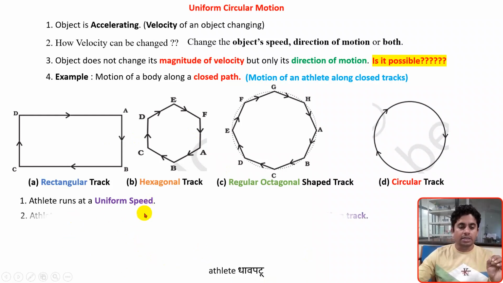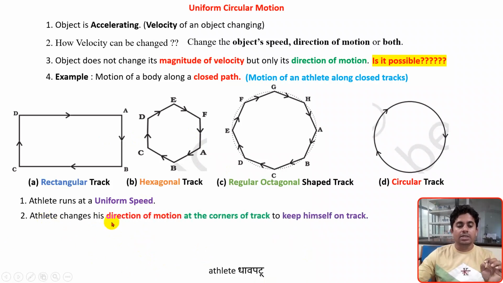The second important thing is that the athlete changes his direction of motion at the corners of the track to keep himself on the track. Suppose he starts running from point A on the rectangular track. While traveling on the straight line from A to B, there is no requirement to change direction.